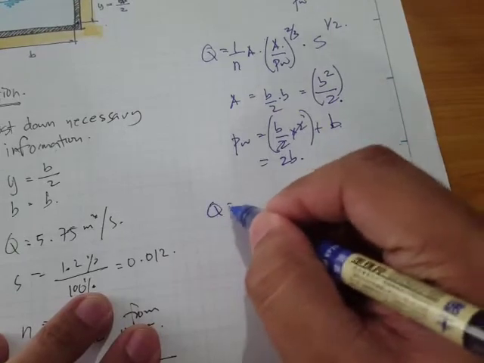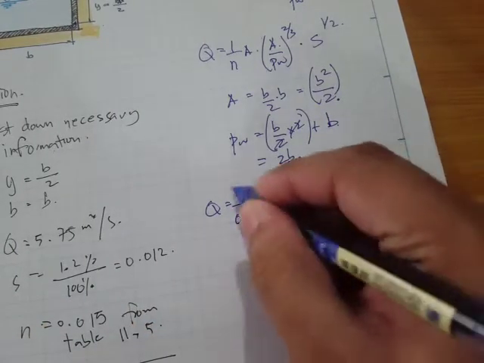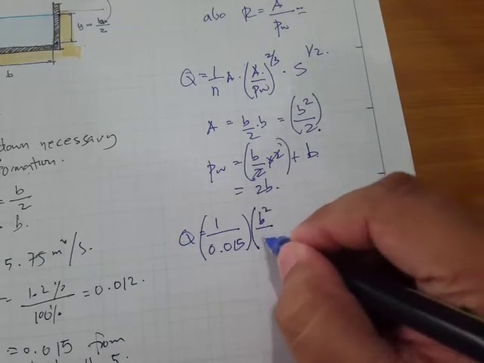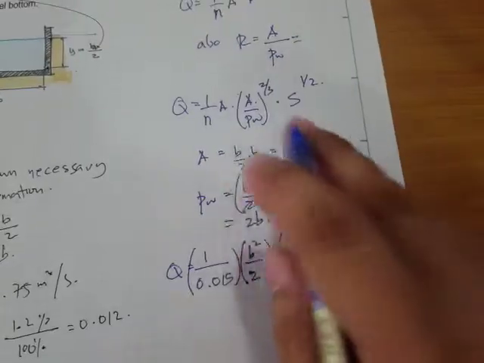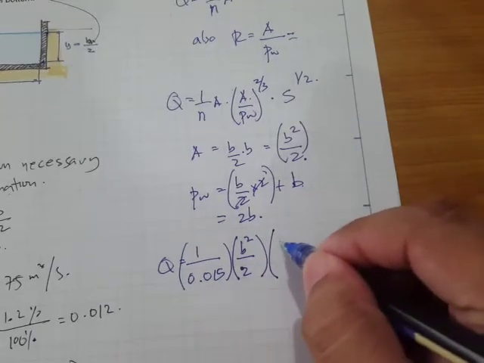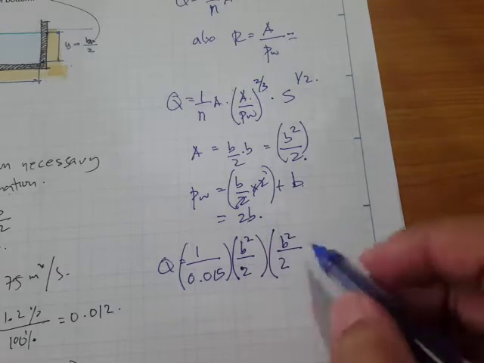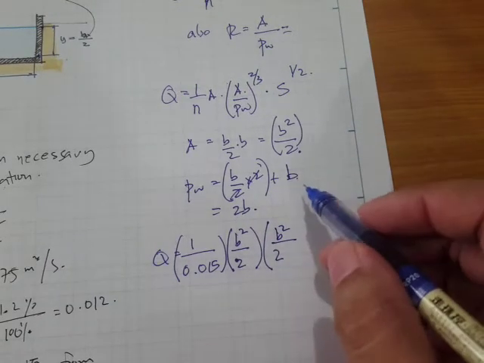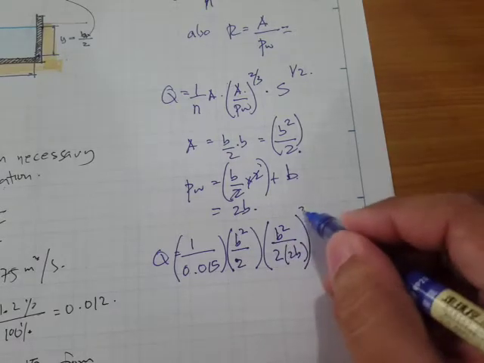So Q is equal to 1 over 0.015, and our area is b squared over 2 times our hydraulic radius, b squared over 2 divided by 2b, raised to 2/3.